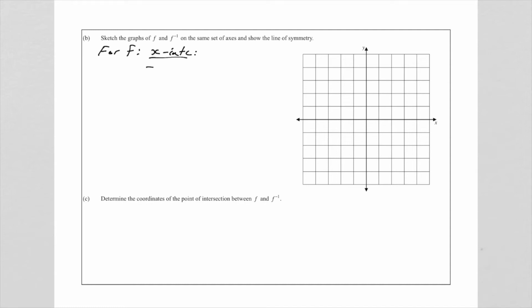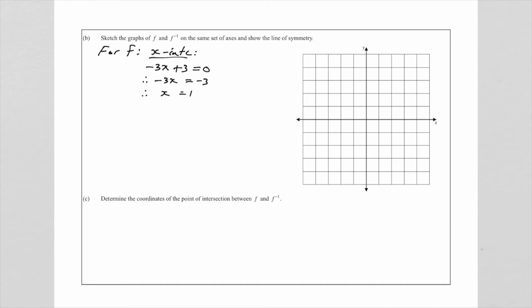And that means that minus 3x plus 3 will be equal to 0. So therefore, minus 3x is equal to negative 3. So therefore, x is equal to 1.